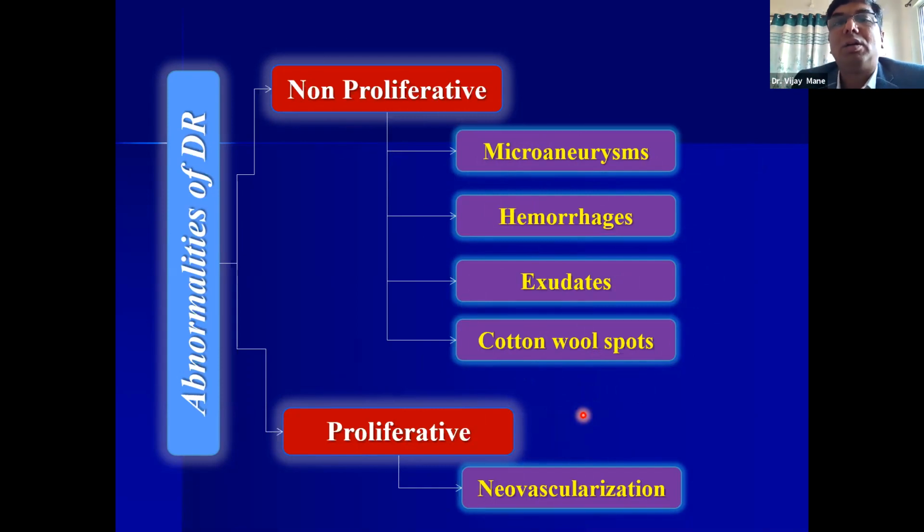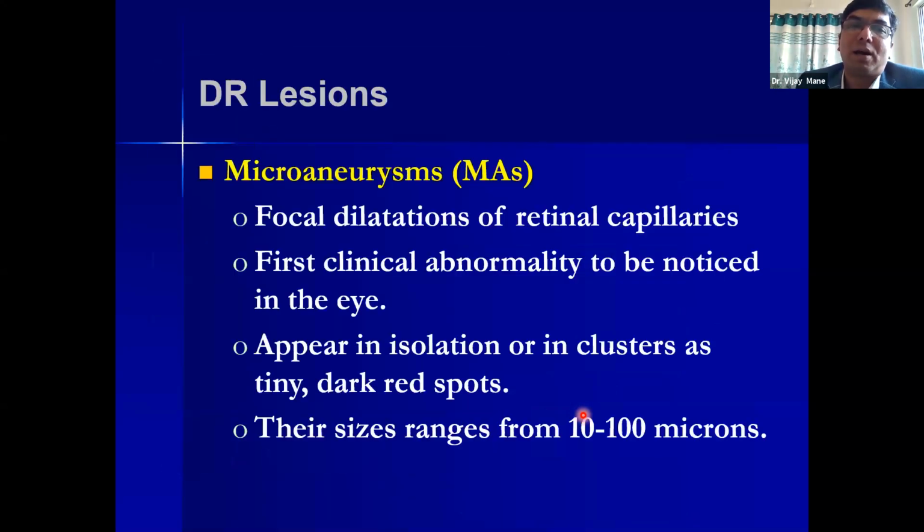The lesions present in the eye in non-proliferative DR are microaneurysms. These are nothing but very small blood drops or a swelling of the blood vessel. They are the very first indication of DR, and very difficult for doctors to identify with the normal eye or a normal ophthalmoscope.